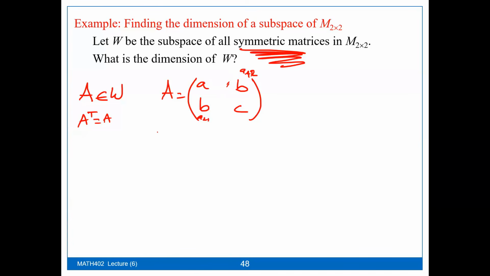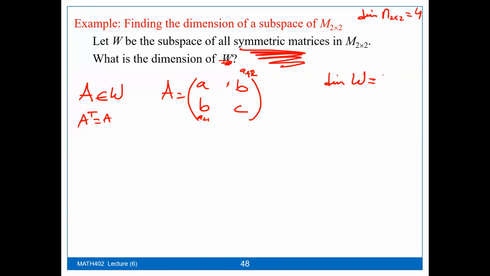So this is the characterization of the symmetric matrices of order 2. So in your opinion, what will the dimension of this W be? We know the dimension of M2 by 2 is 4. What's the dimension of the subspace of symmetric matrices?